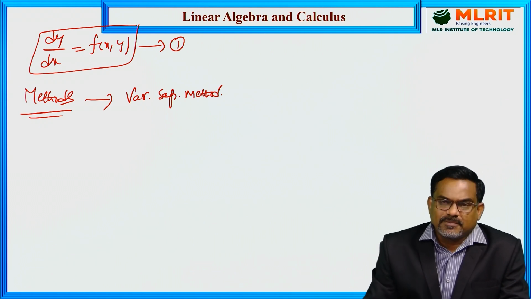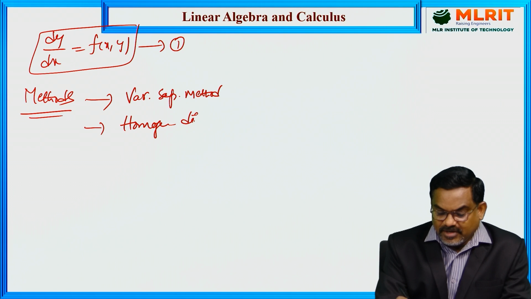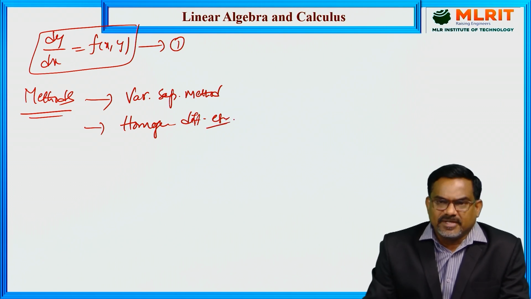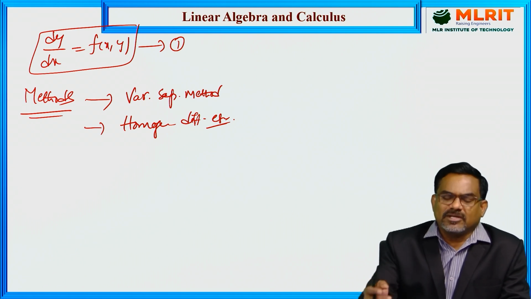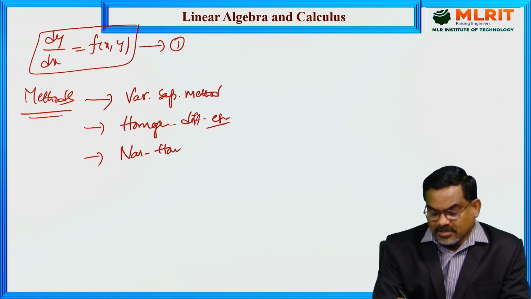That is the variable separable method. Similarly, there is another method, the homogeneous differential equation. There is a particular format for that. If the given differential equation is homogeneous, there is a method to solve it. The third one is the non-homogeneous differential equation.